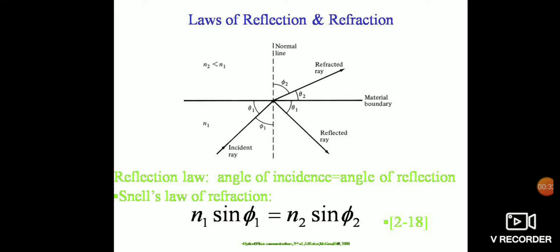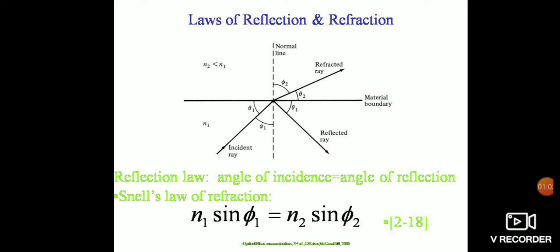We have a material boundary, and let the incident ray make an angle phi 1 with the material boundary. n1 is the refractive index of medium 1, and n2 is the refractive index of medium 2, and here n1 is greater than n2.